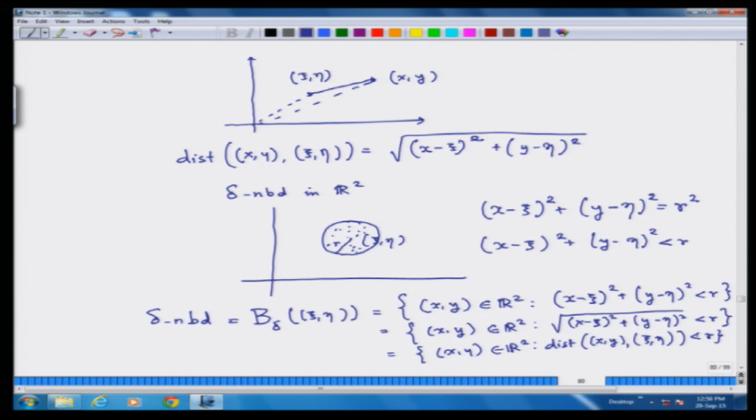Sorry, this is not delta neighborhood, this is called r neighborhood, because my radius is r.